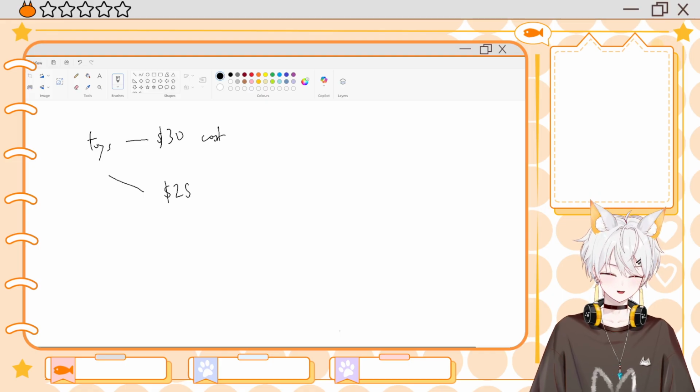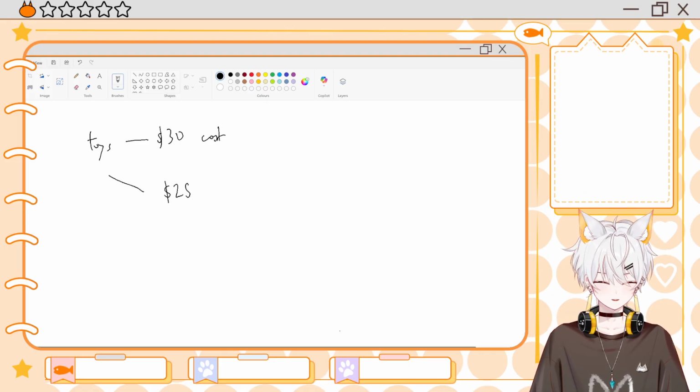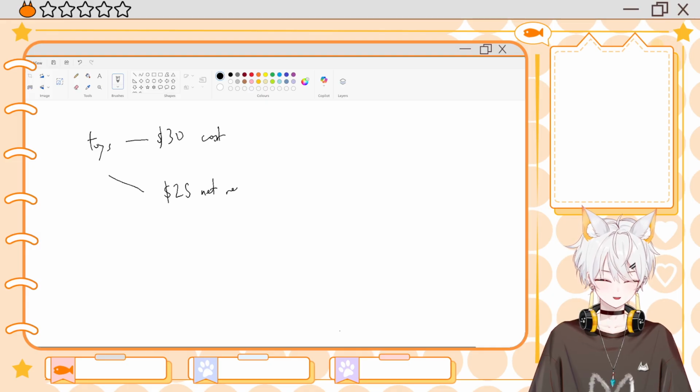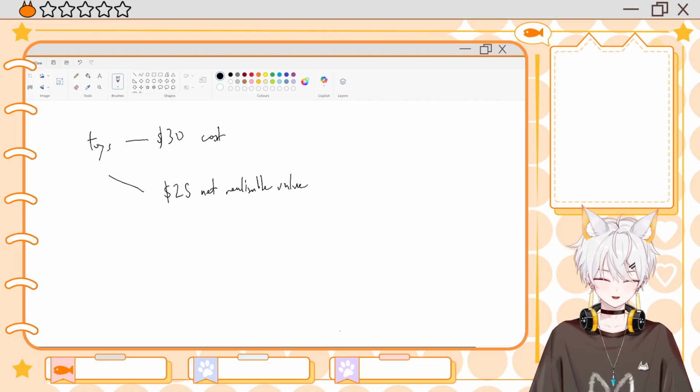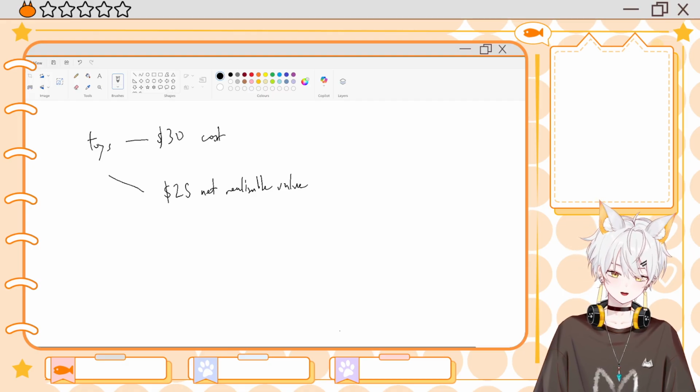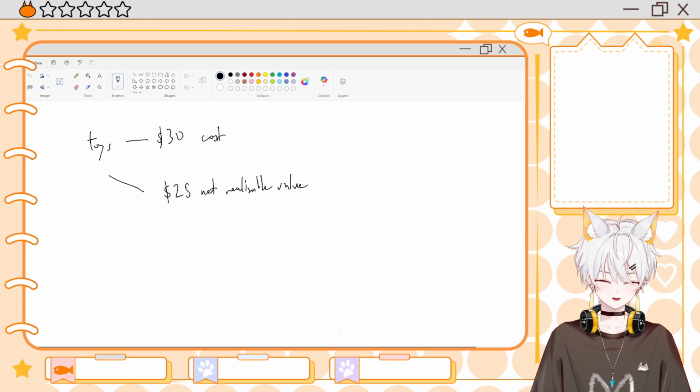Yes, that counts as impairment. So you have what you call net realizable value. Basically, if something happened to this box of toys and you have to spend money trying to restore it to this amount, that is also included in this. So net realizable value is basically your selling price less restoring costs.